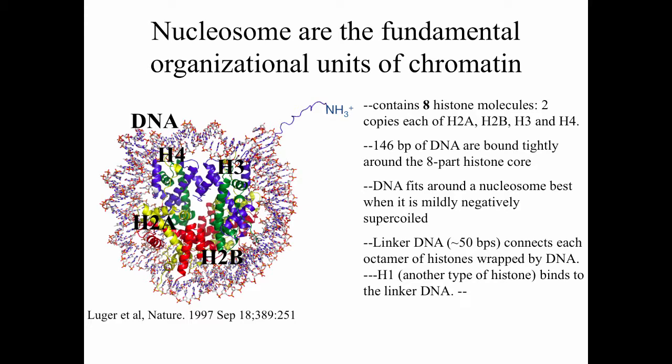This would be the next nucleosome. This would be considered a linker DNA. And so actually, the double-stranded DNA with the histones plus this linker DNA, that would be a nucleosome.